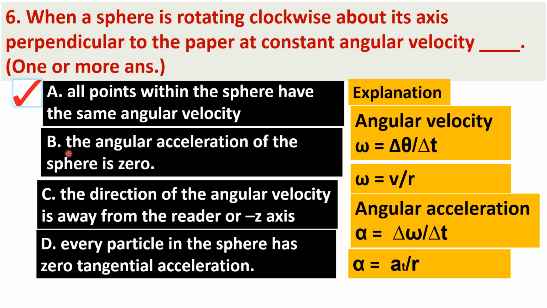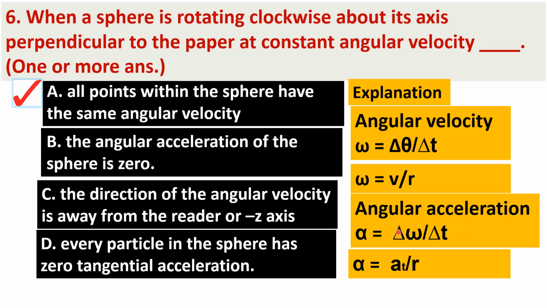In letter B, the angular acceleration of the sphere is 0. Is this correct or not? According to the question, the angular velocity is constant. So if the angular velocity is constant, there is no angular acceleration.